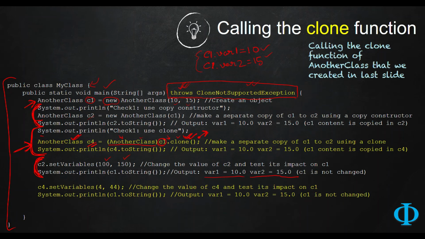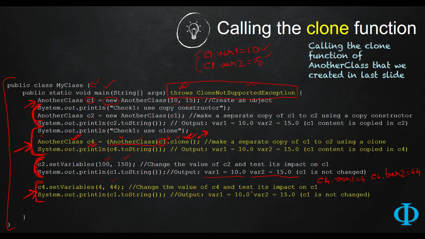Now the same thing will happen during the clone also, that is this part of code where I have changed the value of var1 and var2 of C4 to 4 and 44. So C4.var1 equals 4 now, and C4.var2 is 44 now.